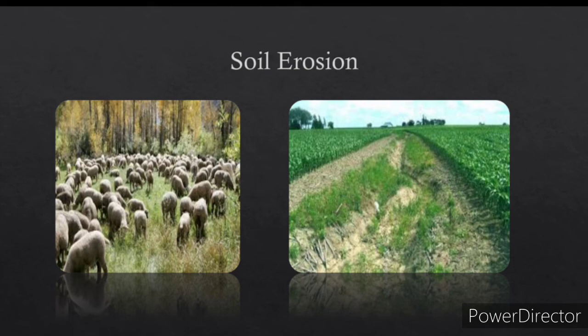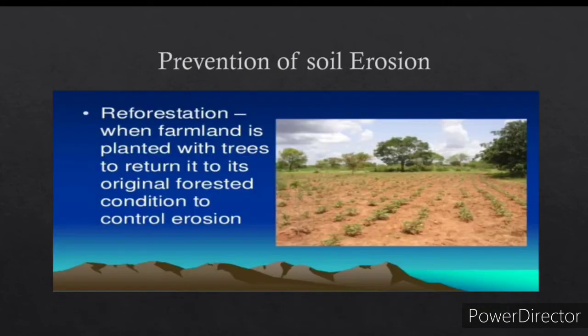Grazing of animals and cattle causes removal of grass and herbs, and it enables wind to sweep the soil particles. Improper farming and irrigation techniques erode soil to a great extent.